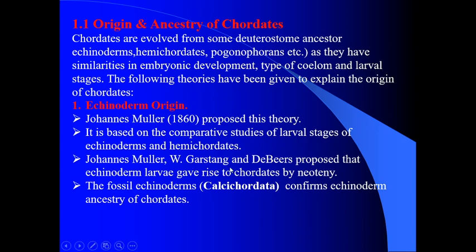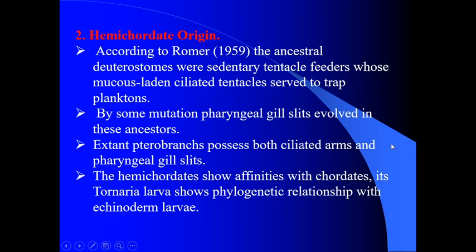Müller, then Garstang and De Beer proposed that echinoderm larvae gave rise to the chordates by neoteny, that means young one development from the larval stage. The fossil echinoderms, that is the Calcichordata, also confirm the ancestry of the chordates from the echinoderms. This is the first theory, that is the echinoderm theory.